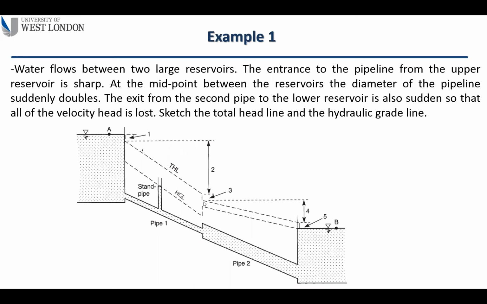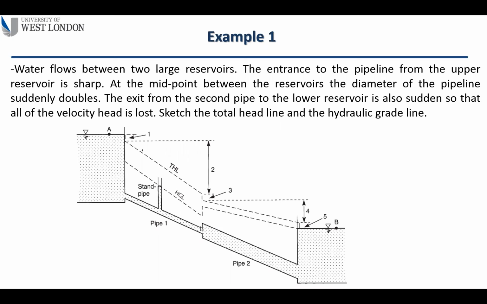Again, we have friction head loss due to pipe two, shown by number four, with a decreasing gradient. You can see both THL and HGL decreasing. Just bear in mind that the gradient of these two dashed lines is milder compared to the earlier line, which is steeper. The reason is that the diameter is increasing.